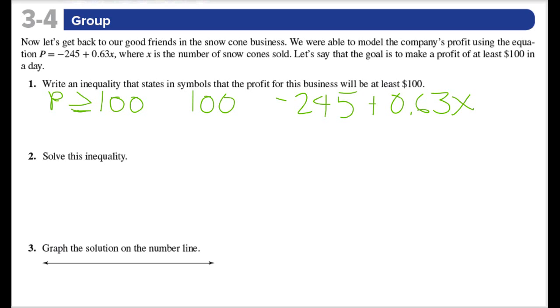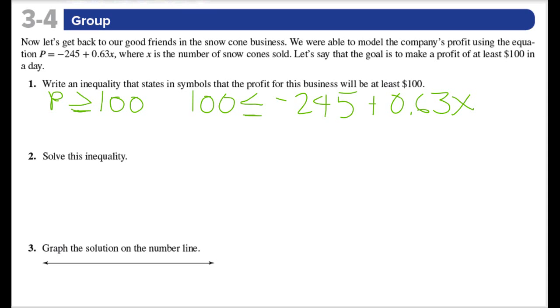When we do that math, when we evaluate that expression, we want the answer to be greater than or equal to 100. So we want our profit to be greater than 100, but we want 100 to be less than our profit.